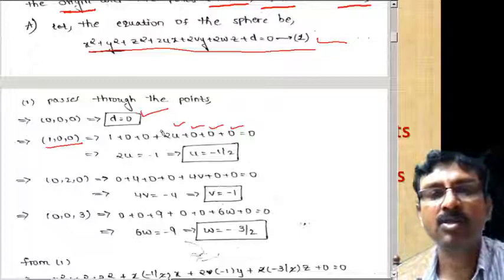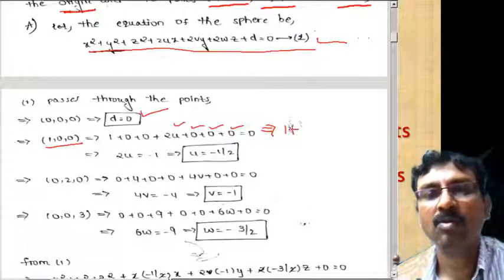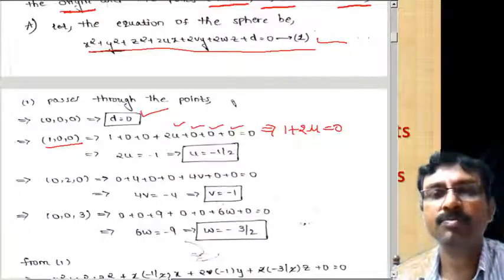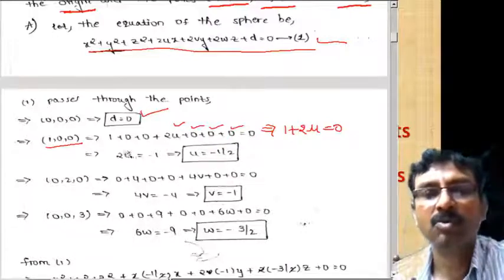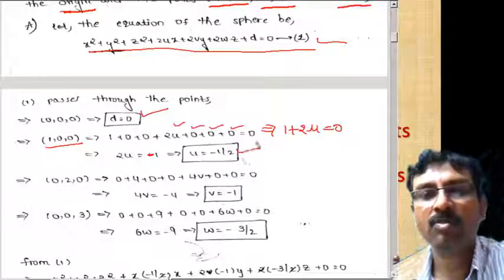Finally we get 1 plus 2u equal to 0, and 2u equal to minus 1, and u equal to minus 1 by 2.